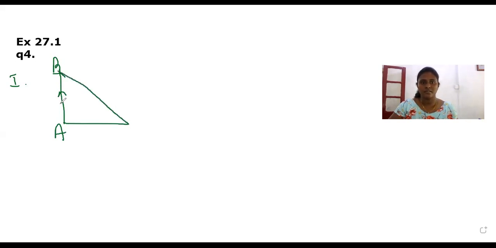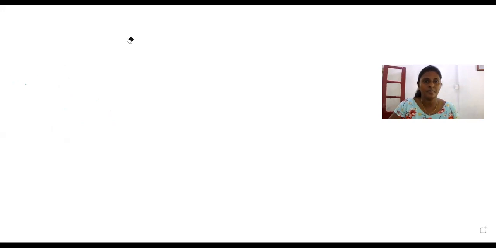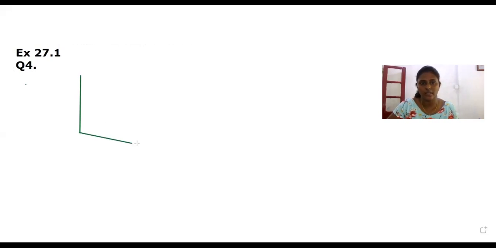And this is not a right angle triangle. Okay, children, don't misunderstand that this is a right angle triangle. Just the line AB is a straight line because they are telling B is situated to the north of A. That's only. Then you are getting this kind of a triangle and this is equilateral.